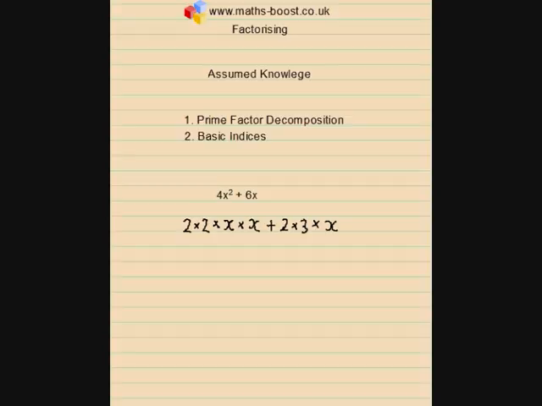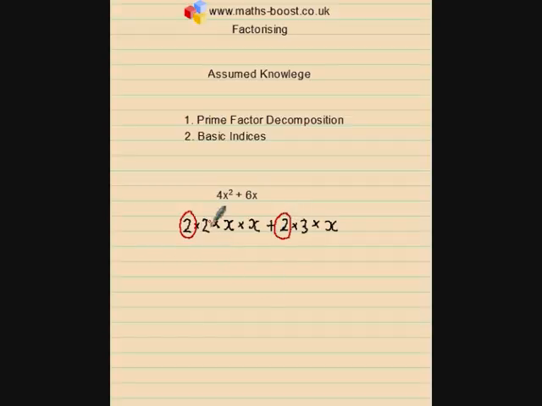Now, the reason this is so useful is when we factorise, we're looking for things that are a part of both terms, or all the terms, things that appear in both. And the great thing about this is that I don't need to do any calculations in my head. In fact, I don't really need to do any thinking at all. I can just look and see what appears in both terms. I can see a 2 appears in both.